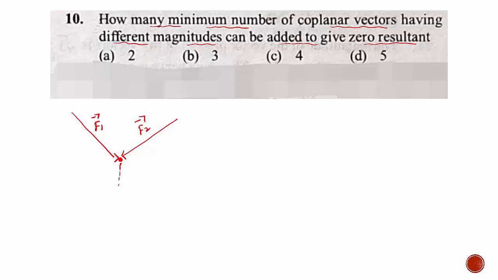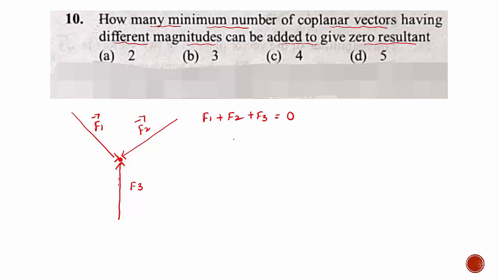So I am going to apply one more force in this direction. Let us take it as F3. Now you can observe the position of the object is not changing. The resultant is 0. So I can write F1 plus F2 plus F3 is equal to 0.